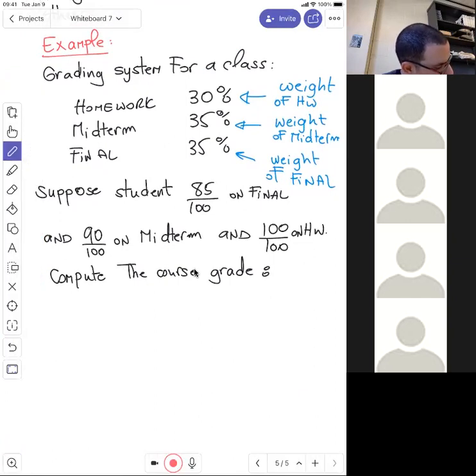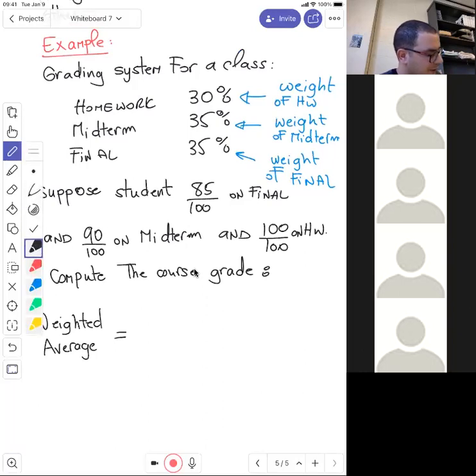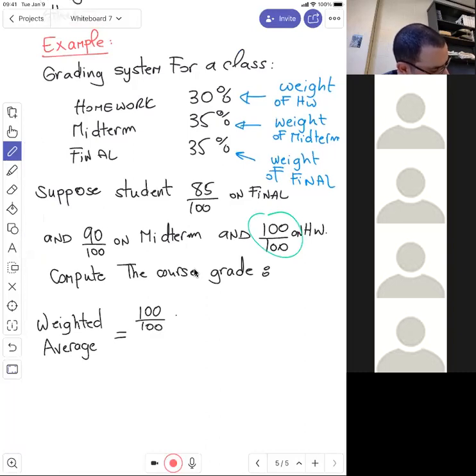So the weighted average in this case would be equal to: the student got 100% of the homeworks, so 100% times the weight of the homeworks, how much the homework is worth.